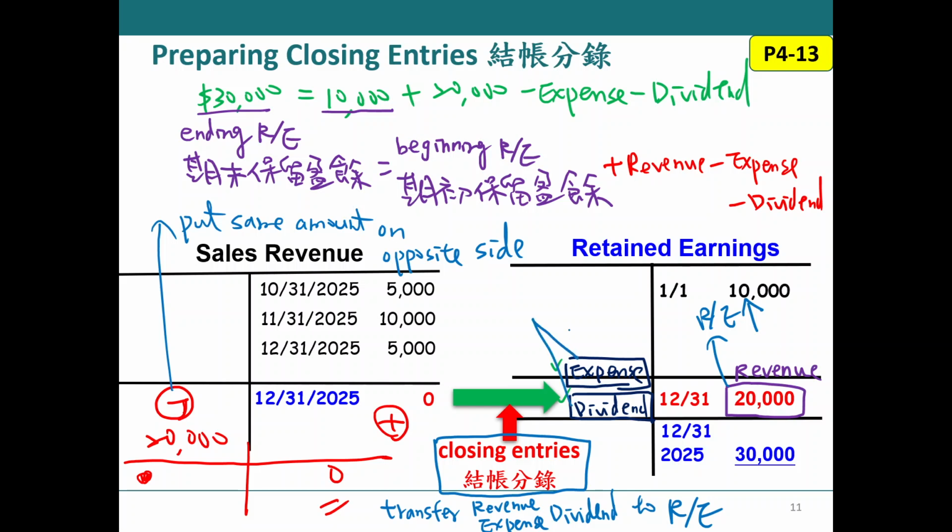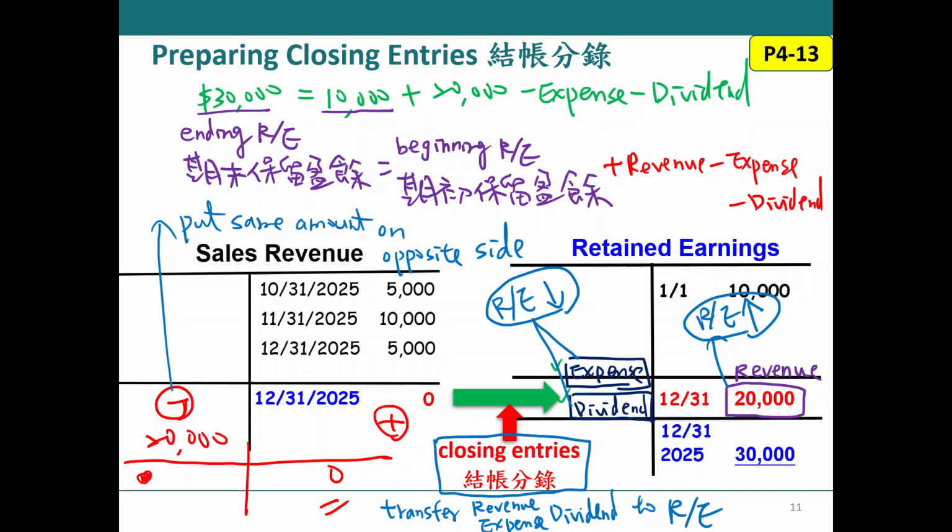Your expenses, dividends, we write down retained earnings decrease. So we make retained earnings increase the same amount as revenues. We make retained earnings decrease the same amount as expenses and dividends. So there's a concept we have right here.